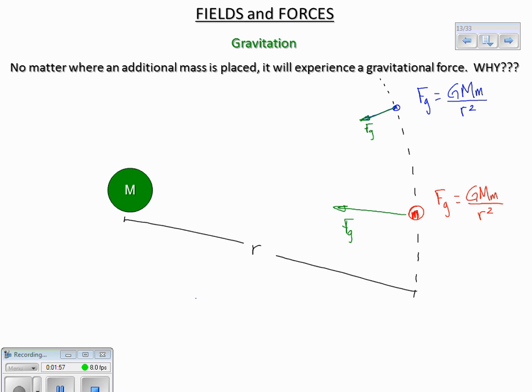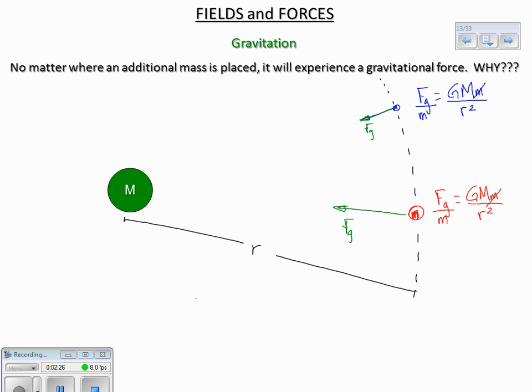So those forces are different for sure. However, there's something that's the same, and what we have to do is really eliminate the mass. Those two masses are different, right? But if we divide both sides by the mass, well, that does that. Here, if we divide this by the mass, we get that.